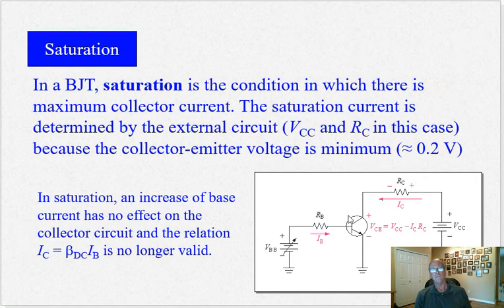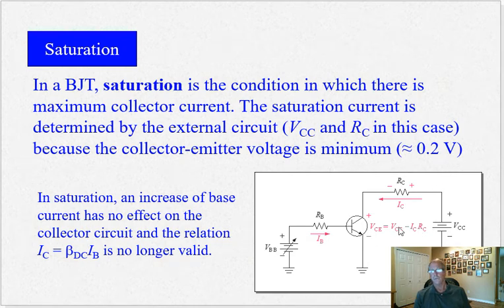The other end of the spectrum is saturation. That's when the transistor is, if you will, turned on as much as possible. It is going full blast. We have high base current, as high as it can go, and the collector emitter voltage is as small as it can be, maybe 0.2 volts.